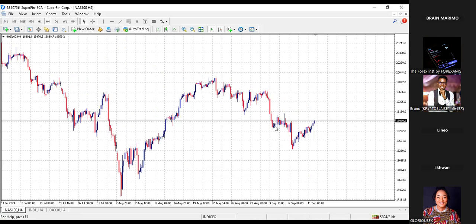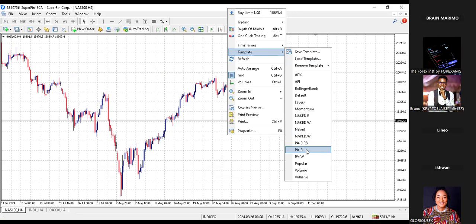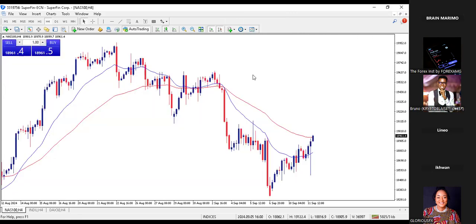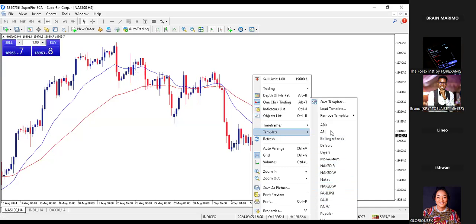For example, I've got this white background with red and blue candlesticks. It's got a grid. And then I can easily switch from that and say, that's too much. I want it to be black, right? It's nighttime. I can have it like that, as you can see.